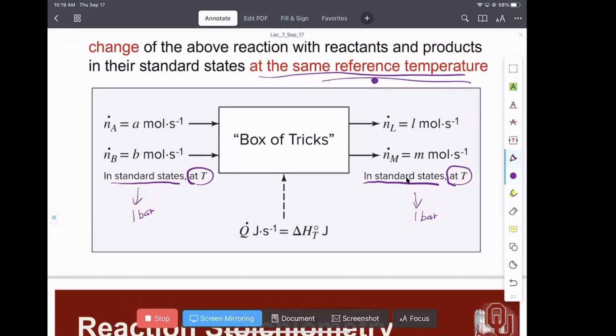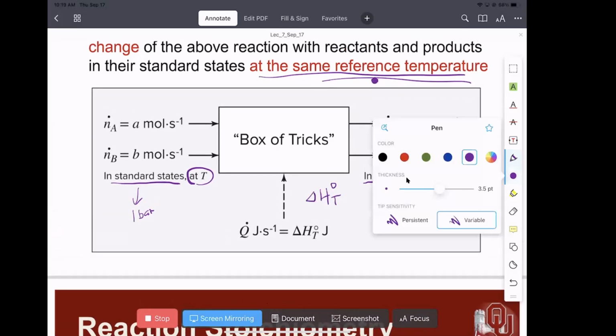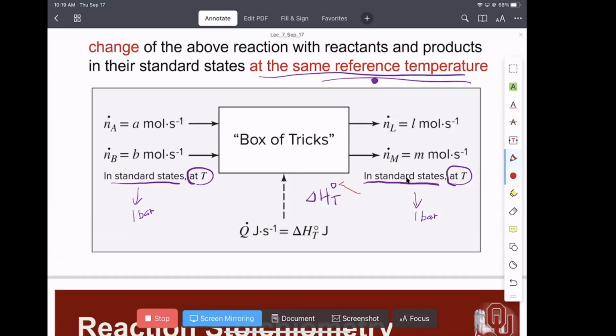Also, I want to point you to this note. We have this delta H at T. Over here, that implies our standard state, and T is the temperature of interest.